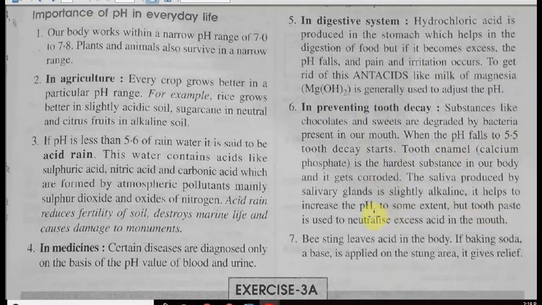Toothpaste is slightly basic in nature and it neutralizes the acidic nature produced by the bacteria. Now, a bee's sting leaves acid in the body. So if anyone is stung by a bee, he should apply baking soda, and it will neutralize the acidic nature and give relief.